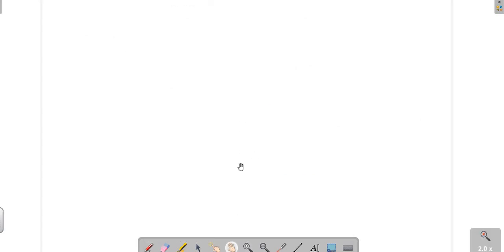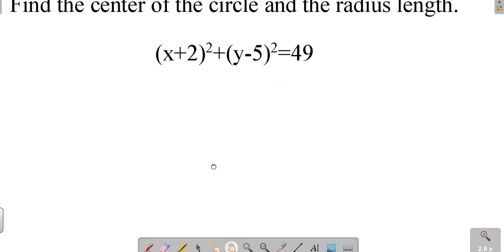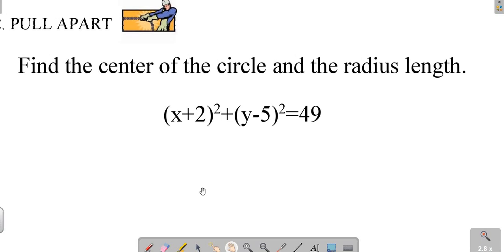Next, we're going to pull one apart. You start by writing the original equation always right underneath what you're working with. Super important, you rewrite this equation every single time.